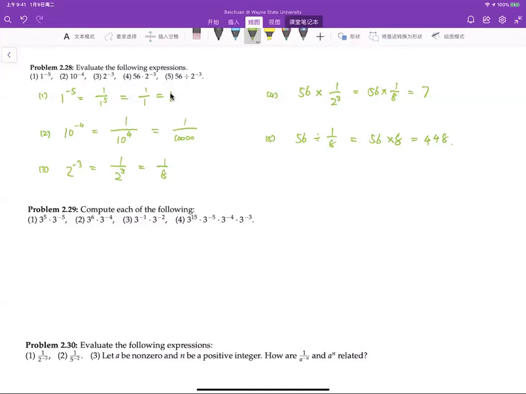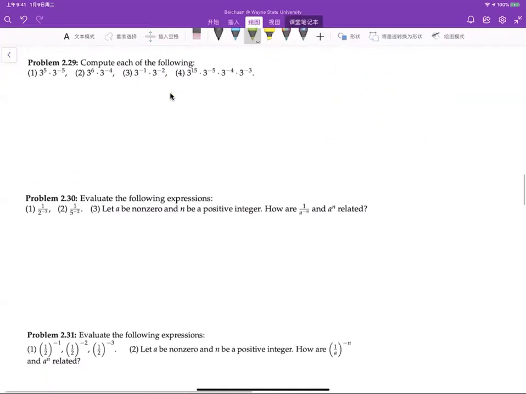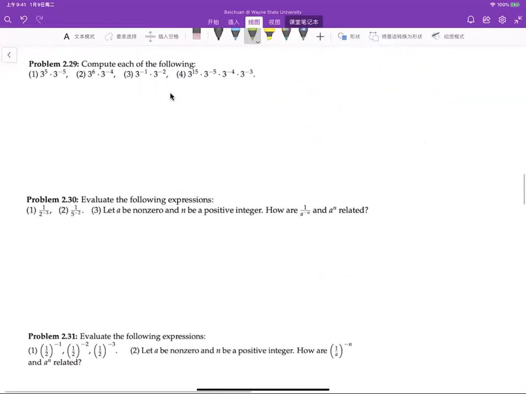So that's the most important step in these cases. Then 29. So please compute the following. Again, there are another 4 examples. So anyone wants to do? So let me divide it into 2 parts. So anyone wants to do the first and second?